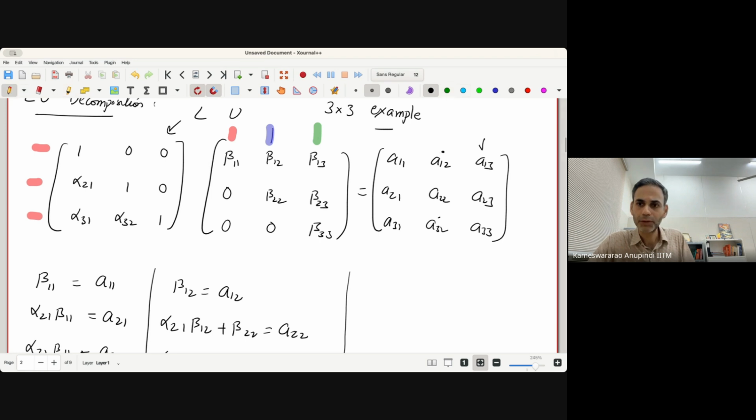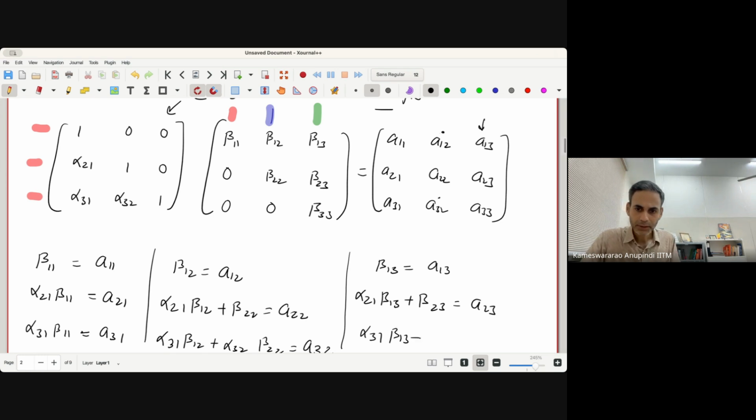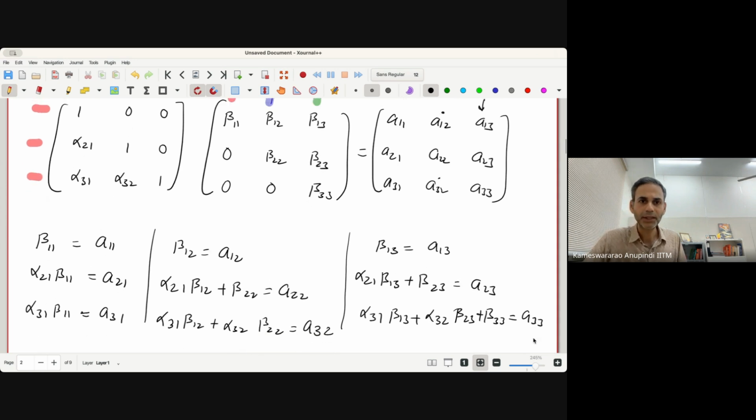That gives beta 1,3 equals A 1,3, then alpha 2,1 beta 1,3 plus beta 2,3 equals A 2,3, and alpha 3,1 beta 1,3 plus alpha 3,2 beta 2,3 plus beta 3,3 equals A 3,3. Is everybody able to follow? We just did a matrix multiplication for this problem.